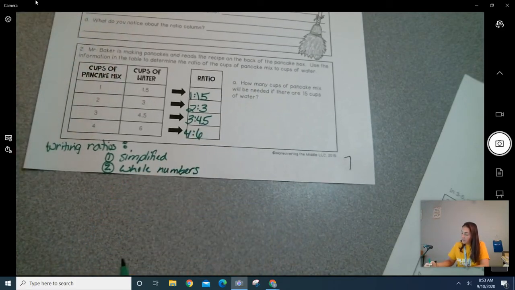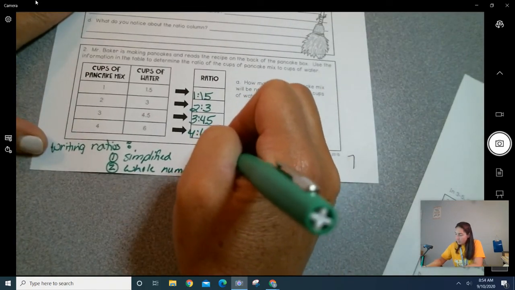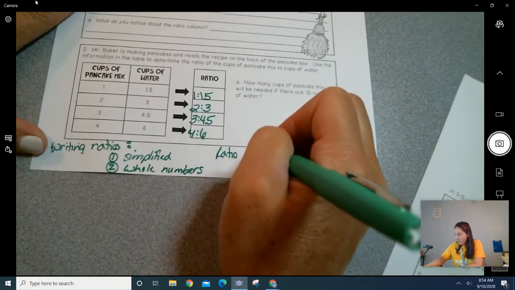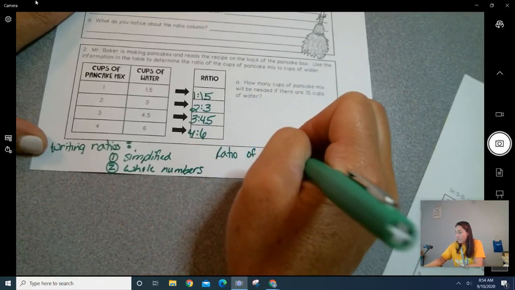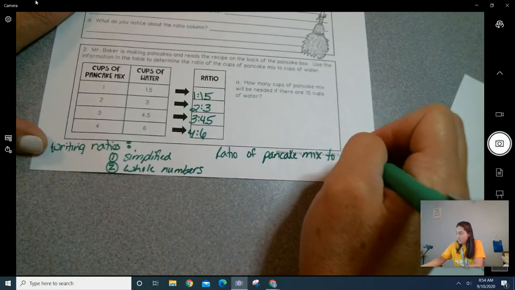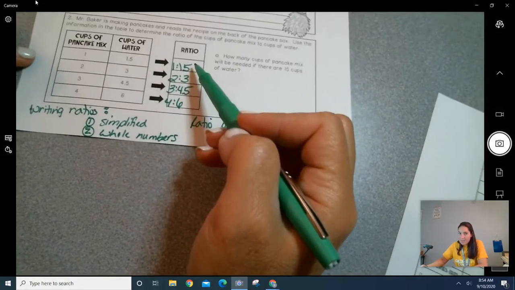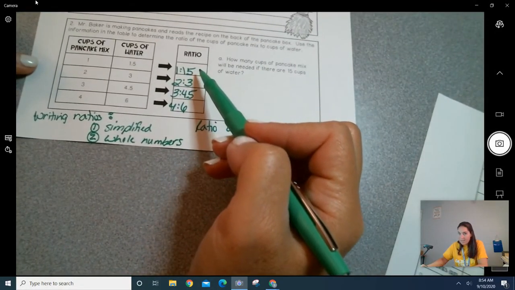So if I asked you for the ratio of pancake mix to water, in this case, we can't use this ratio up here because it has a decimal.